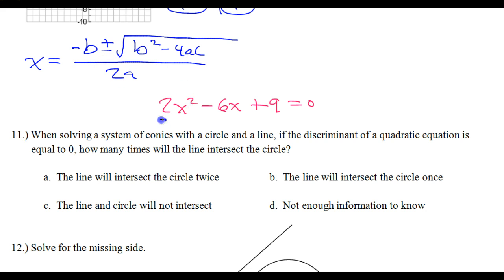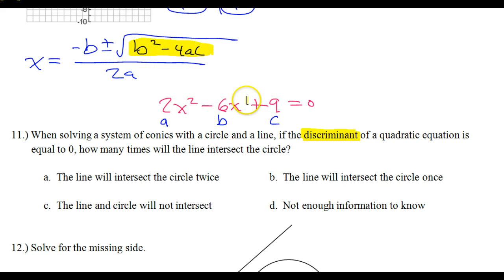Now the a is 2, the b is negative 6, and the c is 9. So the part that's called the discriminant is this part that's under the radical. So when they say discriminant, they're talking about what's under the radical.